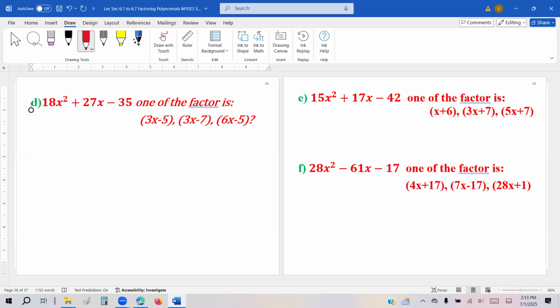Wait, I have a question. If you come back to the circled one, that means two factors of x, right?